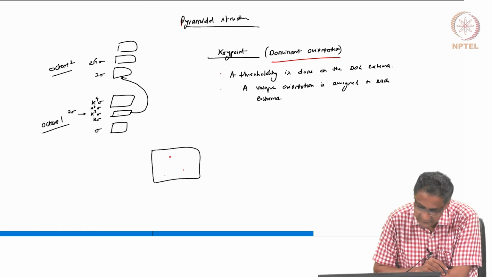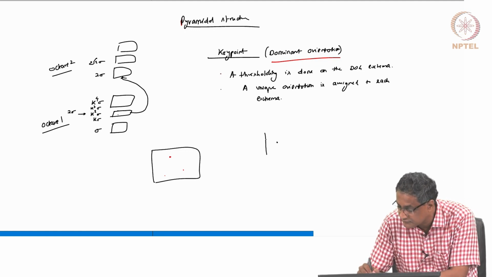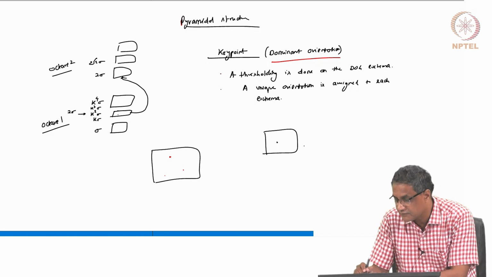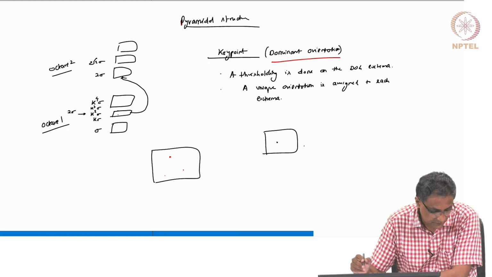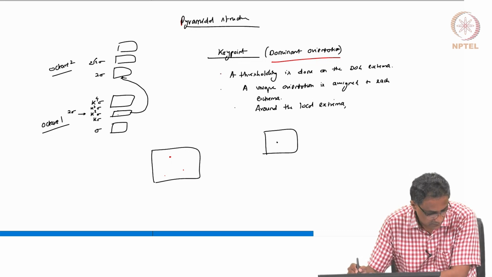How this is done is, around the local extrema, if you have found a local extrema, what you do is, this I will write down: around the local extrema, a suitable window is chosen.